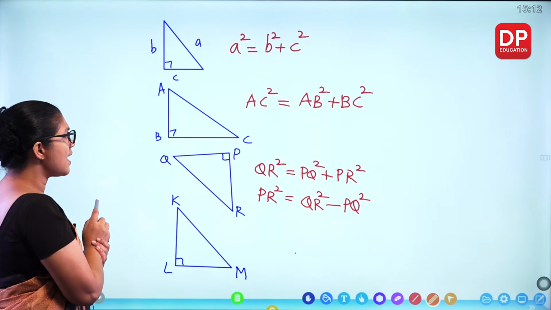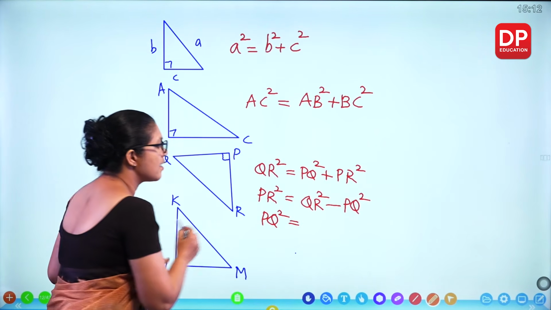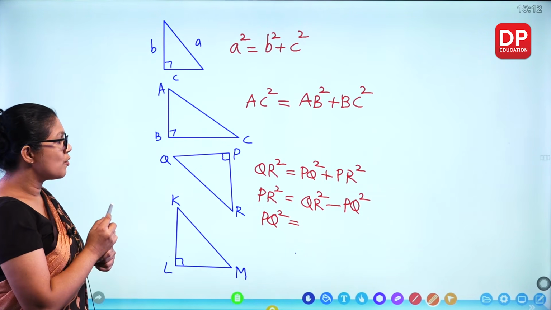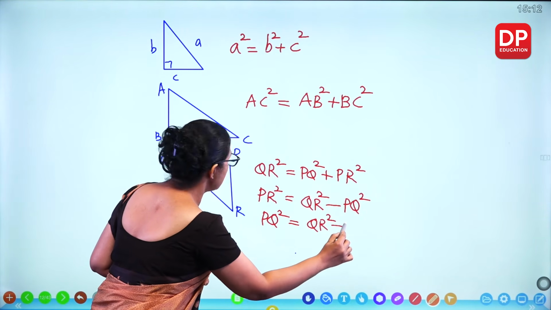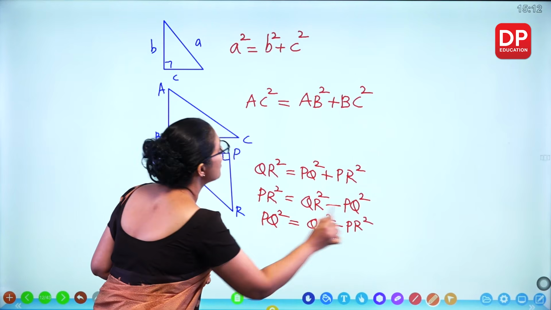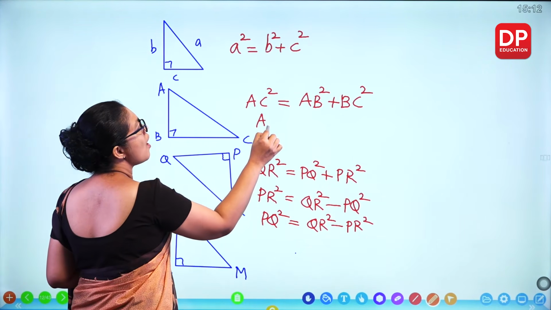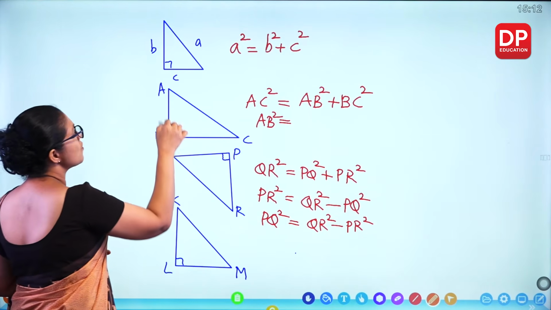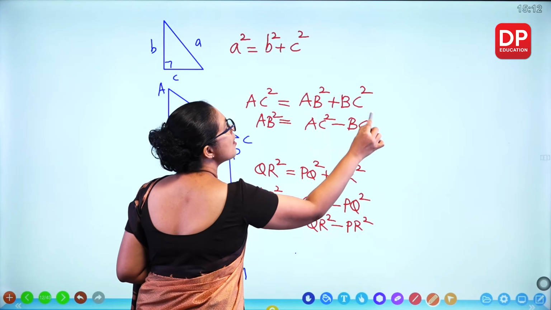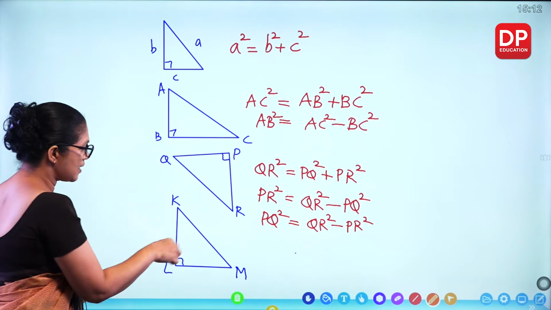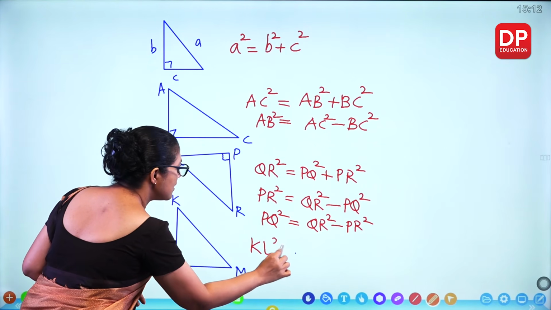If I want the other side, PQ, how can I write? PQ squared is equal to QR squared minus PR squared. If I want in this triangle AB squared, how can I write? AB squared is AC squared minus BC squared. Now take the next triangle and write down what is KL squared.